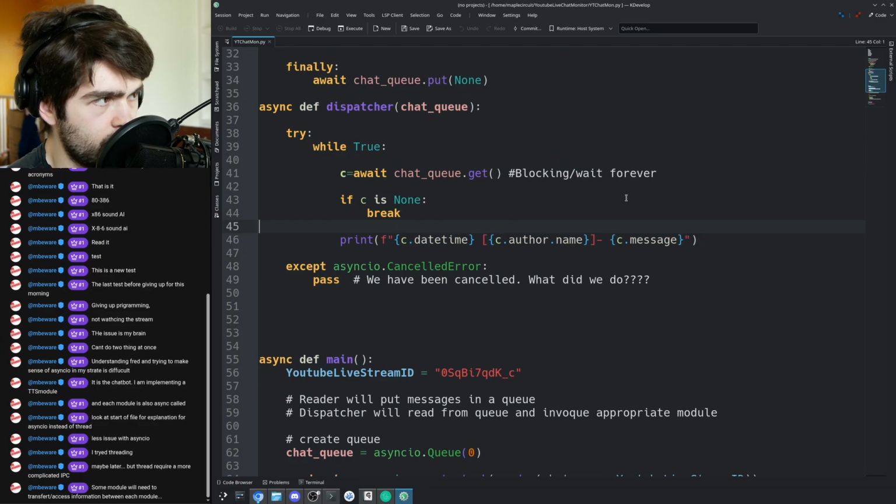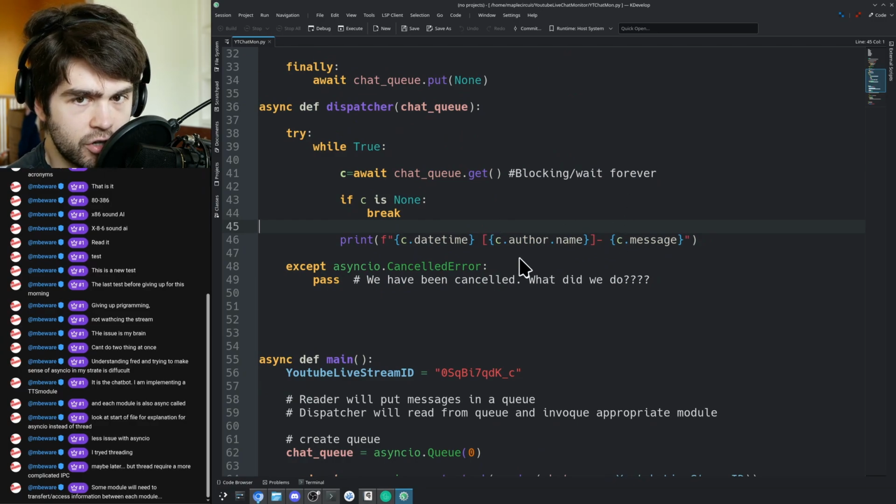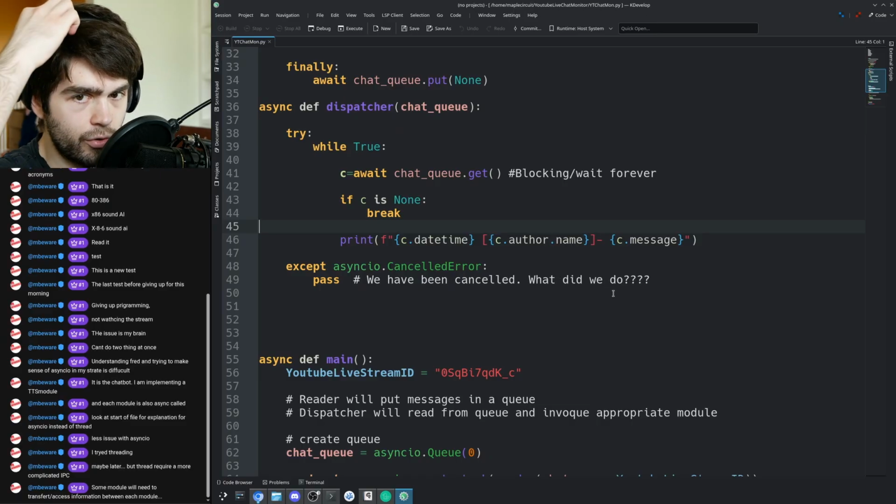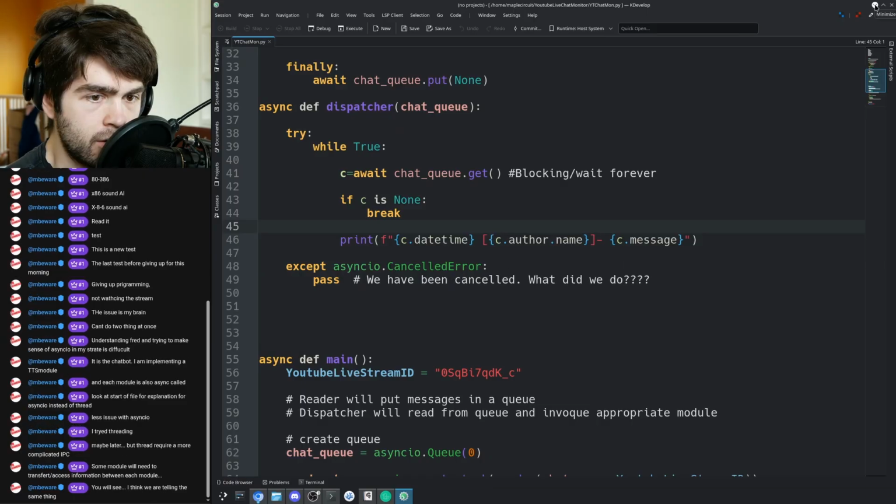And then all you would have to do is make the execution of whatever does the reaction inside of a thread. So that thing is threaded, but everything else is not. So you don't have to worry about any module of it. This is already further than what you need. You will see. I think we are telling the same thing.